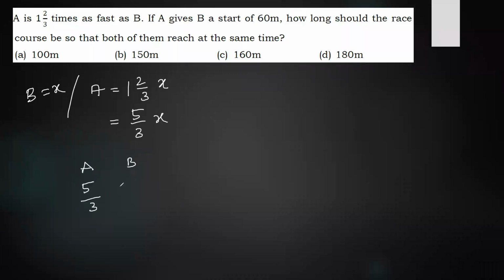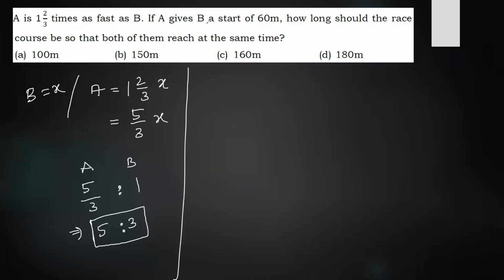From the beginning, listen carefully: if you take B as x, then A will be 1 2 by 3 times as fast as B. So you will get 5 by 3x. If you take the ratio of A and B, 5 by 3 and 1. Multiply throughout by 3, you will get 5:3.